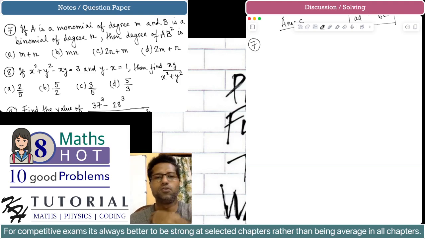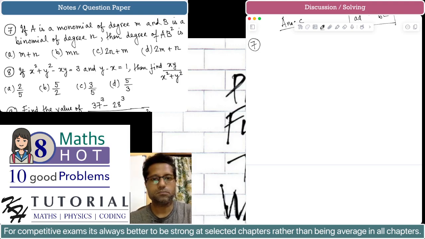Now, if A is a monomial, a monomial means a single term, that is, a product of a numerical factor and one or more literal factors, and the degree of monomial A is m means the sum of the powers of the variables in A is m.